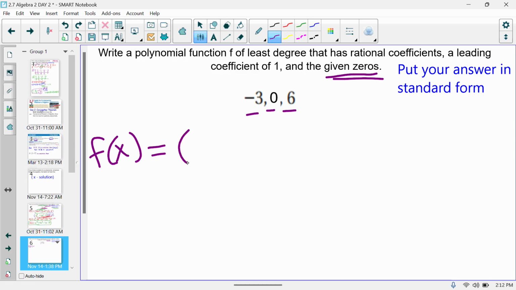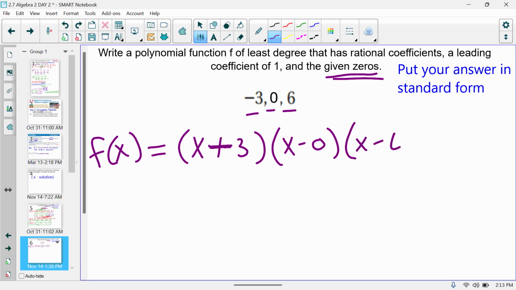If we want -3 to be a solution, technically we could write it like this, but it's just going to become x plus 3, right? Because now if we plug in -3, we get 0. That's what we want. We want -3 to be a 0, a solution. Now, for 0, we could write x minus 0, but we'll talk about that more in a second. And then if we want 6 to be a solution, we'd write x minus 6 as the factor.